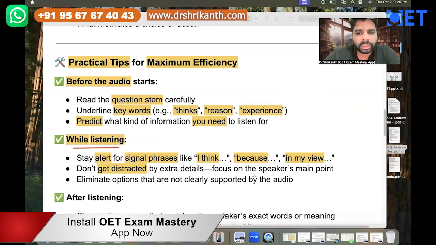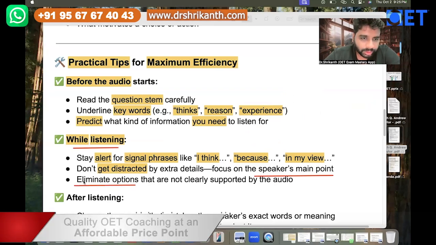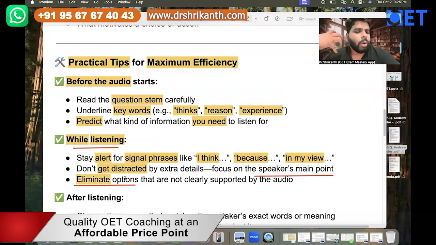So focus on the speaker's main point. And then it is extremely important that you eliminate the answer options. OET has done their level best to make it as simple as possible.